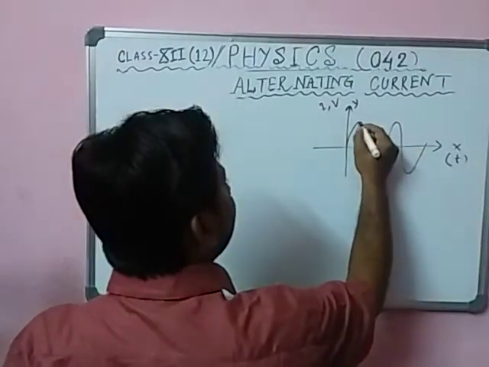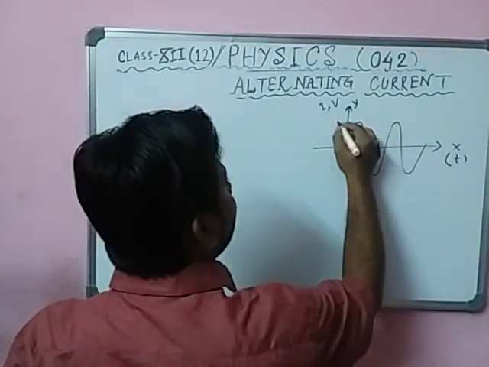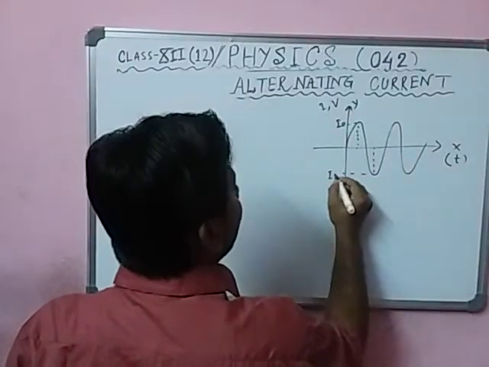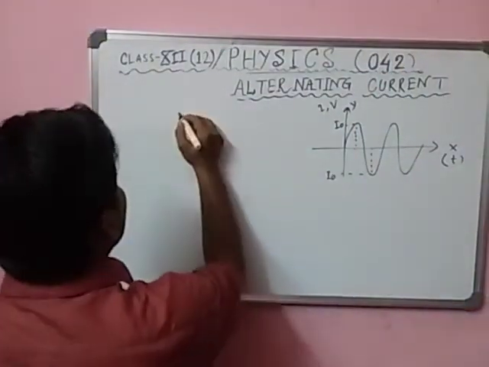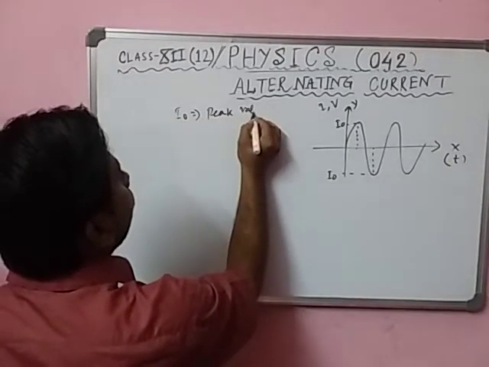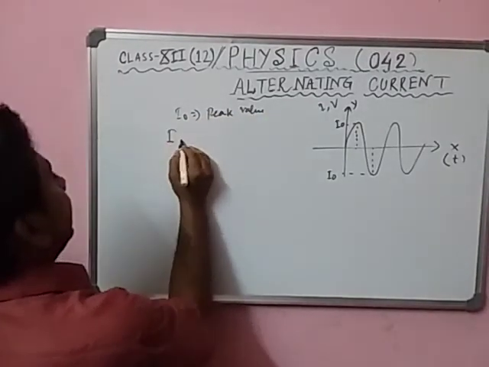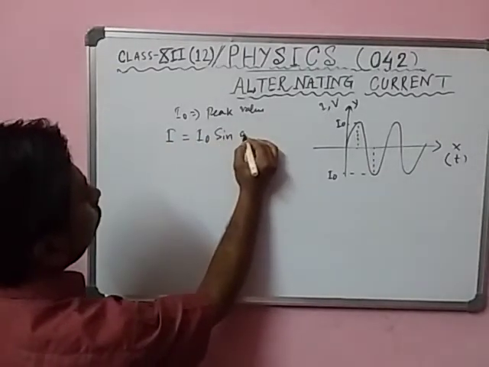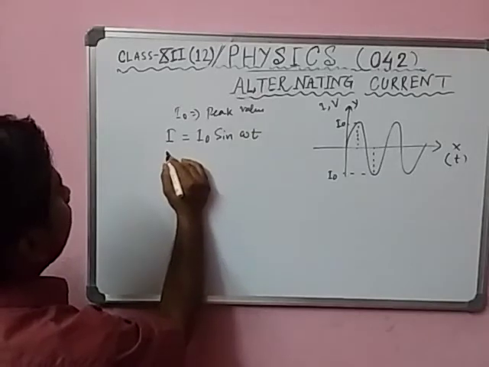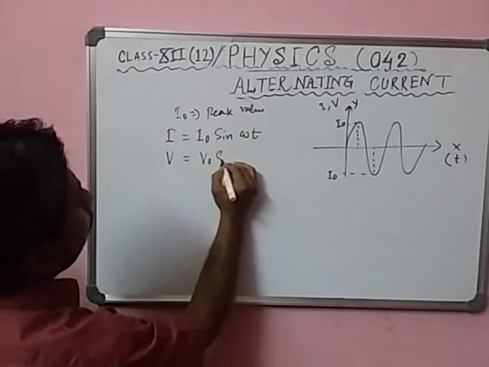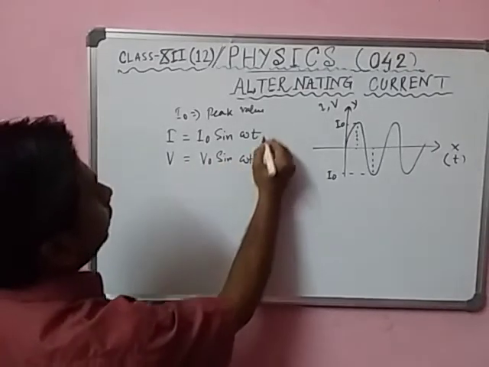This is called the peak value, meaning amplitude, on both sides, positive and negative. This is called I0, the peak value. So we can represent alternating current as I equal to I0 sine of omega t, or V equal to V0 sine of omega t.